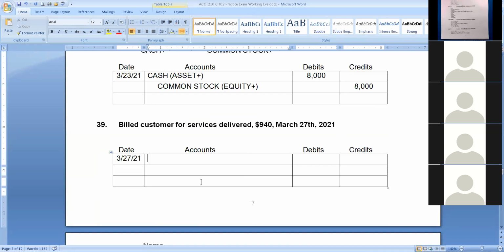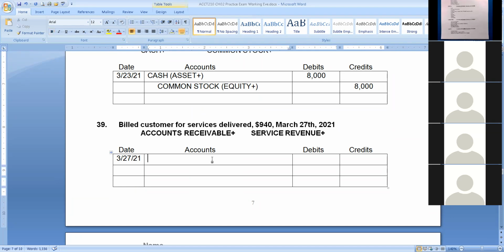This one's hard. Billed to customer for services delivered. What accounts are we going to use? Accounts receivable and service revenue. Yes and yes. Revenues are always going up. Accounts receivable going up or down? It's going up. Okay, so what's the journal entry going to be?